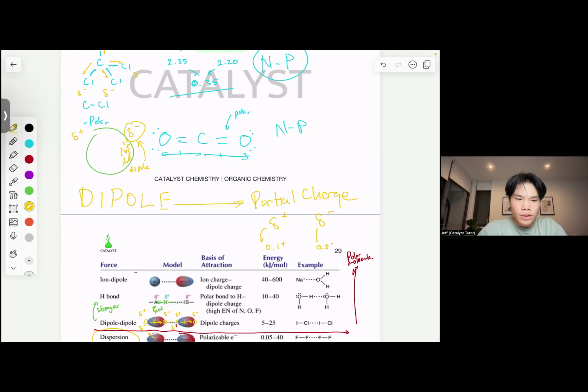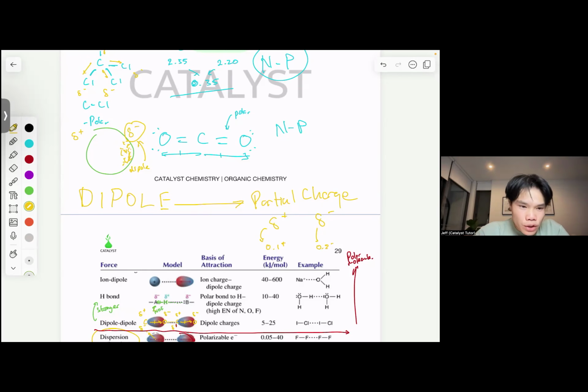Affinity to steal electrons. Yeah, simply put, how strongly an atom attracts electrons, how strongly an atom sucks electrons towards itself. So if you have high electronegativity, that atom wants to pull electrons into itself, right?